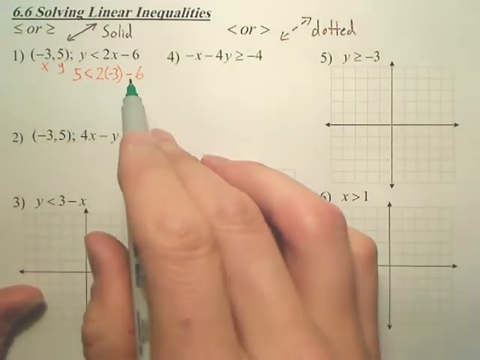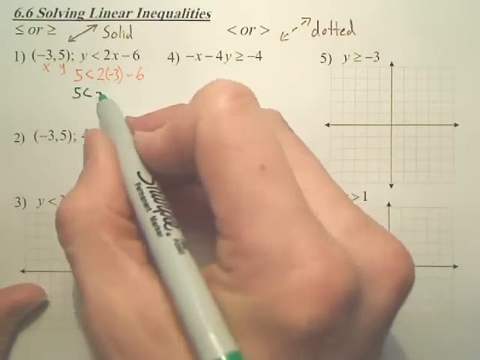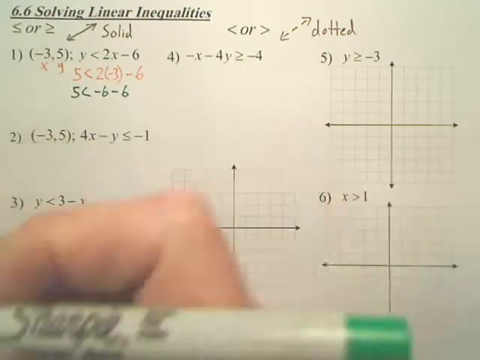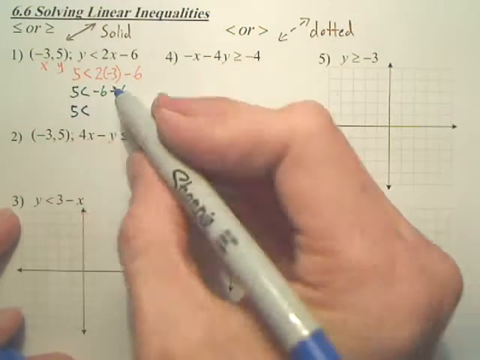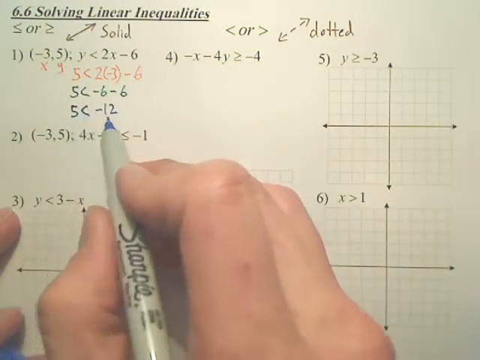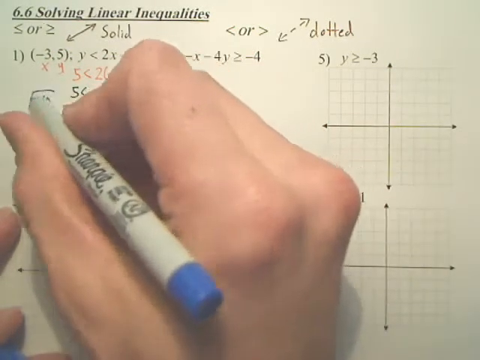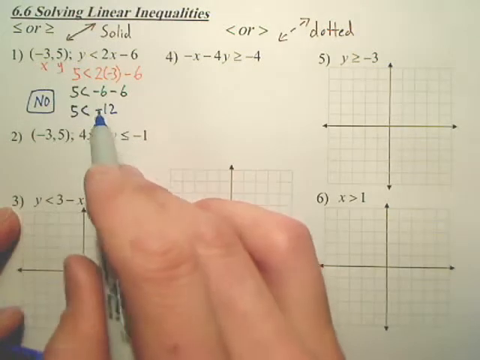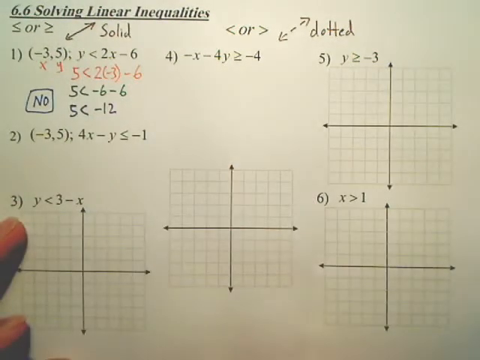This becomes -6, I end up with 5, and this becomes -12. So is 5 less than -12? No. So this is not a solution to this.